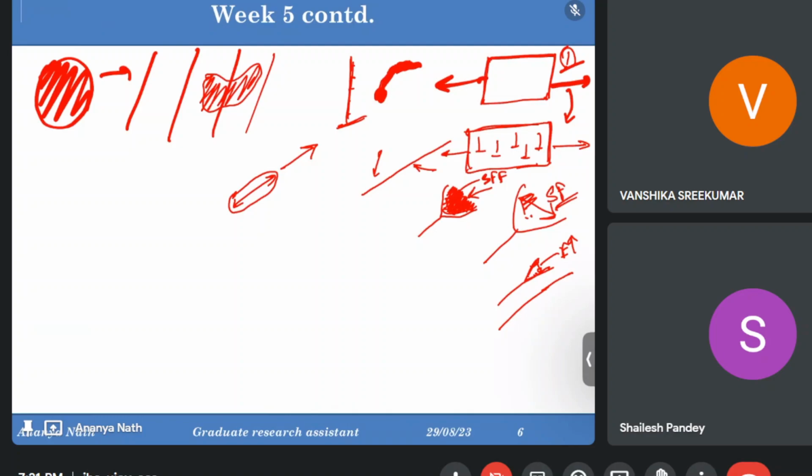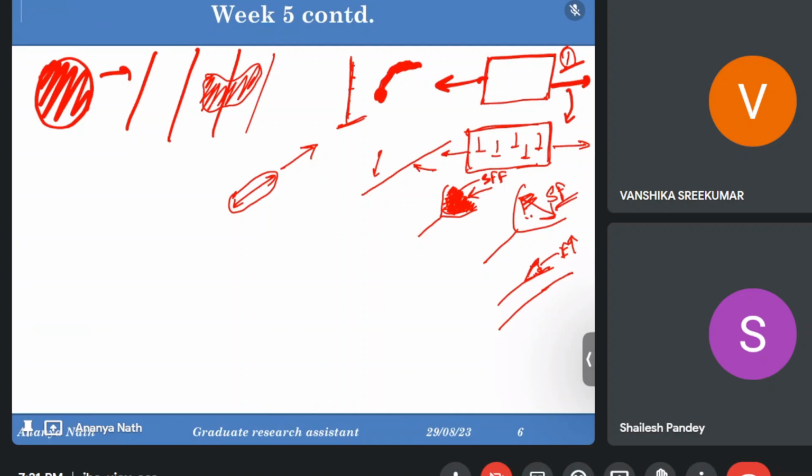For screw dislocations, the Burgers vector is parallel to their direction of movement. So it's easy for them to cross slip as long as there is no hindrance in between, like lower SFE or something. So these are some favorable conditions for the dislocations to move.